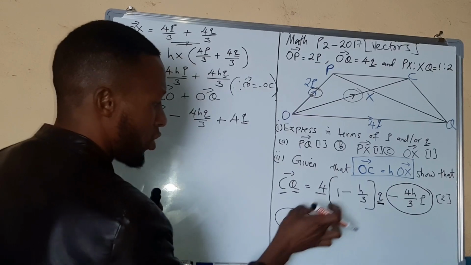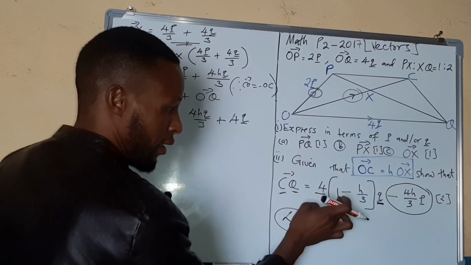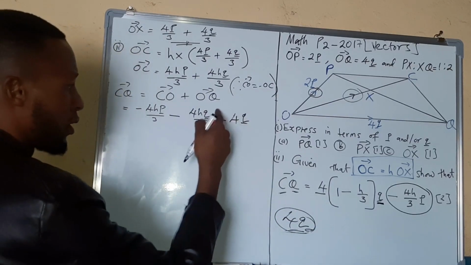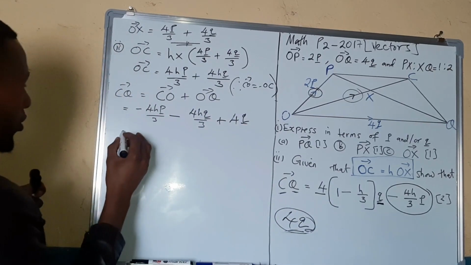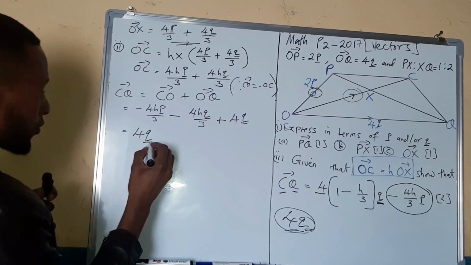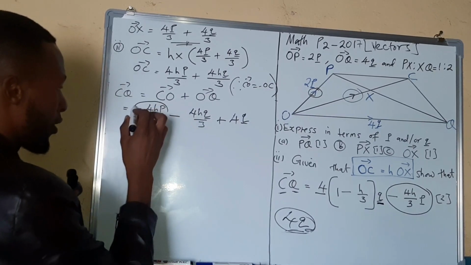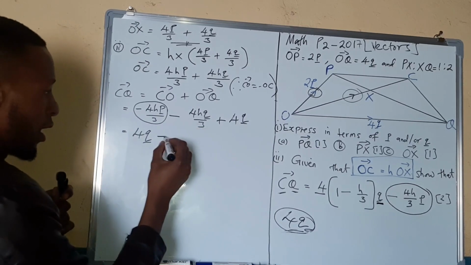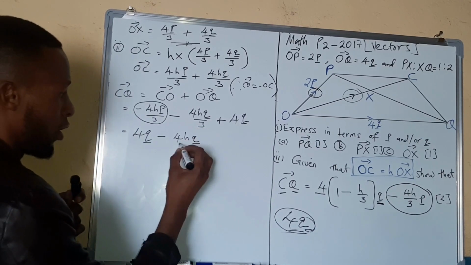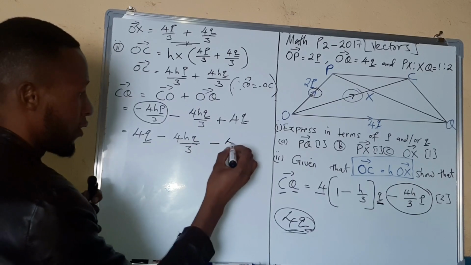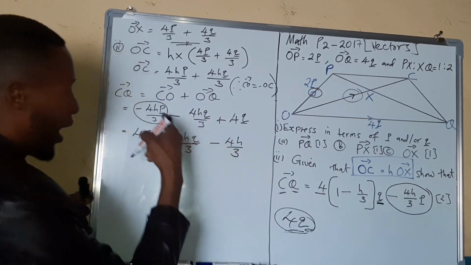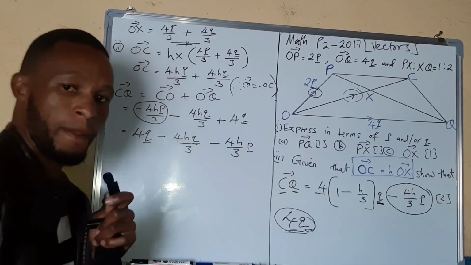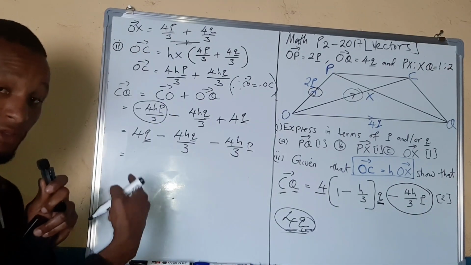If I multiply 4Q times 1 here, there will be 4Q, meaning at the beginning I need to put 4Q. Since the P term has not been touched, it is the one at the end. The one which has to follow is minus 4HQ over 3. Then minus 4H over 3, and I'm going to put the P in vulgar form, exactly what I'm seeing. So remember, we took out the 4Q.